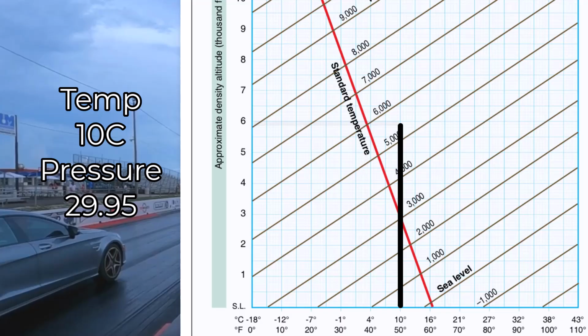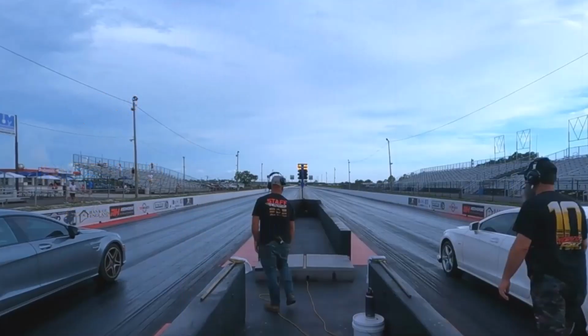And now go straight over to the left, 6,000 feet, a full 2,400 feet below the hot day we calculated earlier. I'd rather be racing a car that performs like it's at 6,000 feet than a car that performs like it's at 8,400 feet, wouldn't you?